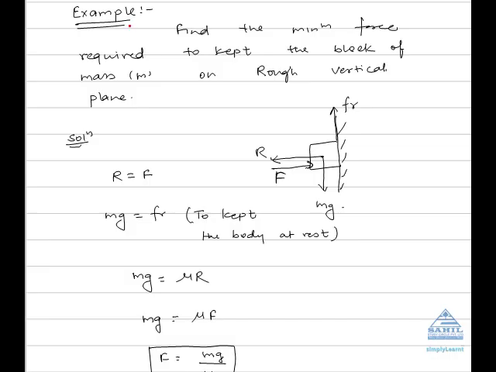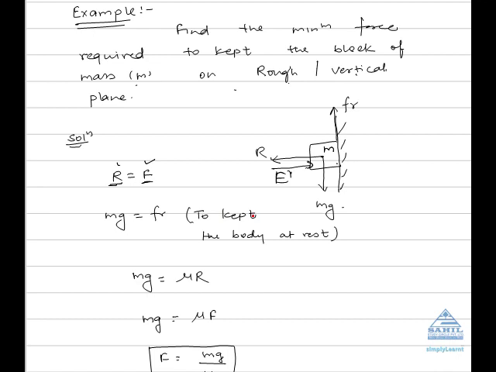Now one more example based on the friction force. Find the minimum force required to keep the block of mass m on a rough vertical wall. When a block of mass small m is kept on the wall, it always falls vertically downward because the weight mg is acting downward. Now R is 0, but you apply a force F opposite to R. Now R is equal to F, where R is the normal reaction and F is the force applied.